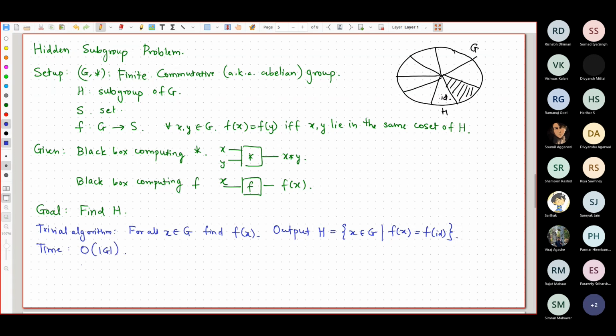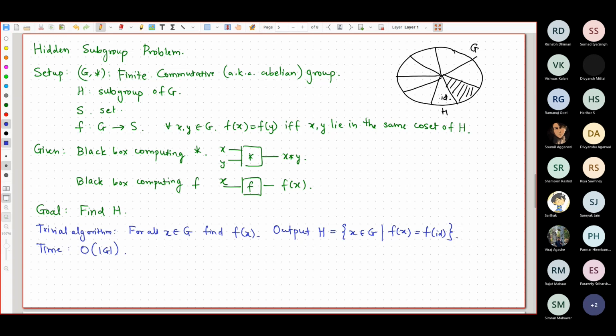Yeah, Divyanshu, your hand. Sir, in this problem, are we given what is the ID of the set, or do we need to first find that also? Good question. Let's assume that you are given the ID. Okay. So let's be concrete about this.